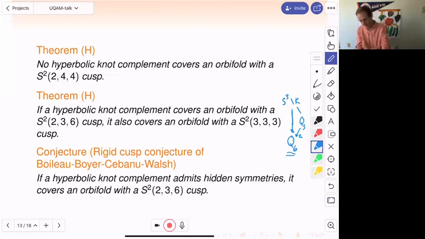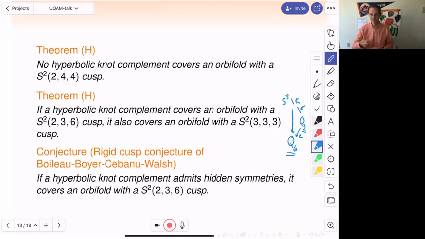So you're shrinking the size of this cover right here. If you're trying to investigate what knot complements might cover some orbifold, you can go a little bit higher. So it has a practical implication, but the actual question is really interesting.